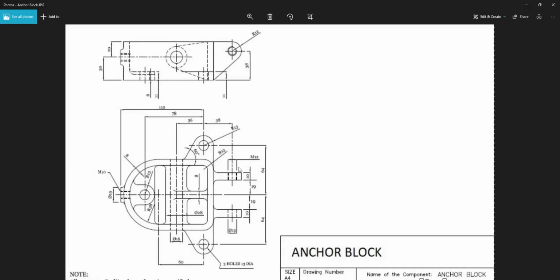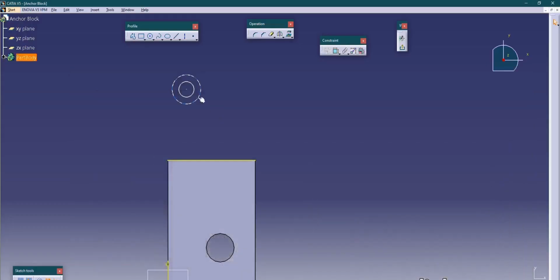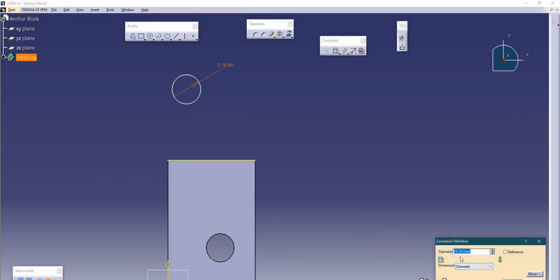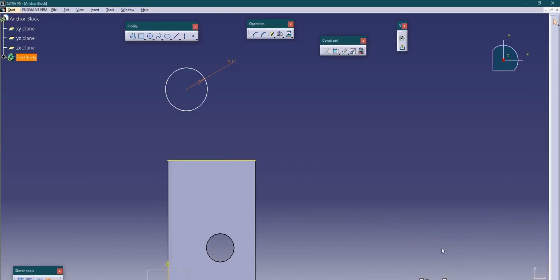Okay, so this hole we would be giving in 3D. For now we will consider this arc only of R12.